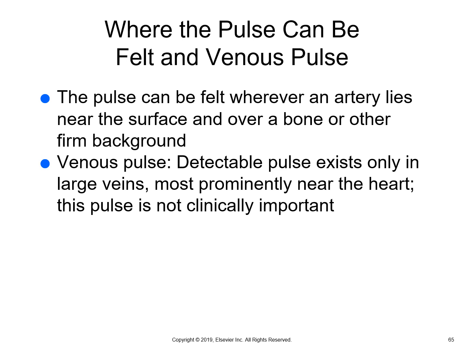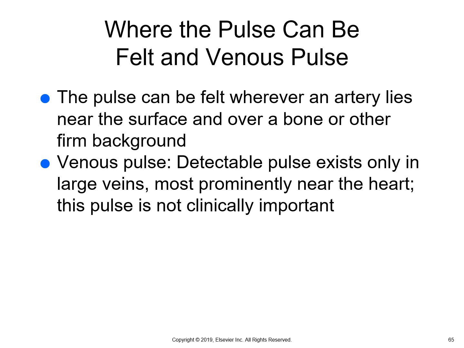So some of the common pulse points that we're going to talk about are the radial artery, the carotid artery, our brachial artery, the femoral artery, and also the dorsalis pedis artery. The venous pulse can also be taken, but unlike the arterial pulses, the venous pulse is rarely felt.